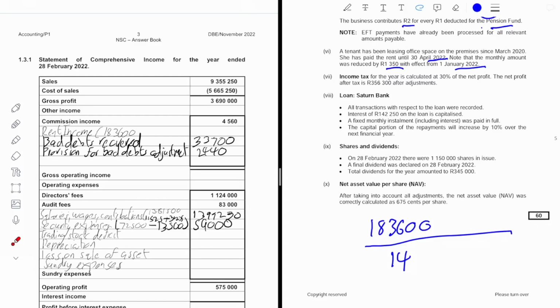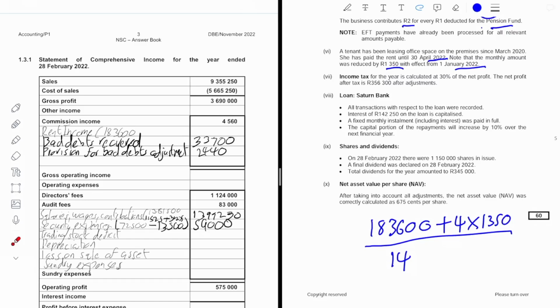So I have 10 months of one rental amount, and then I have another 4 months where this rental amount was reduced by 1,350. So in order to get back to my level amounts, I need to add back the 1,350. So that's 4 times 1,350.